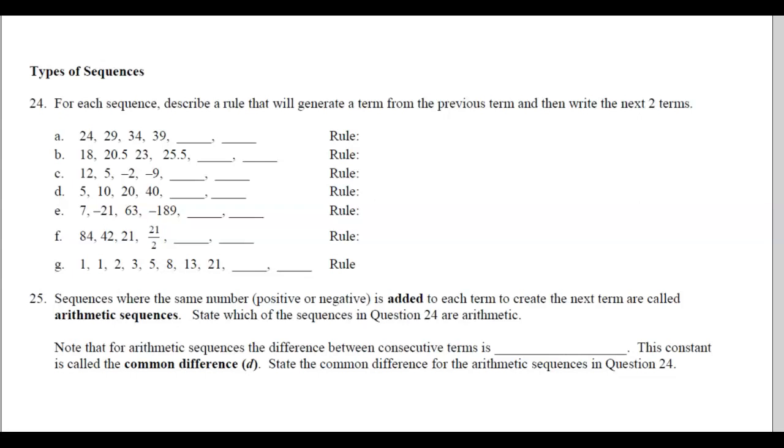So what's the rule? Compare. So thinking about recursive definitions, 24 to 29 to 34 to 39. Well, they're all 5 apart. So to get each consecutive term, we add 5. So then this would be 44, and that would be 49.